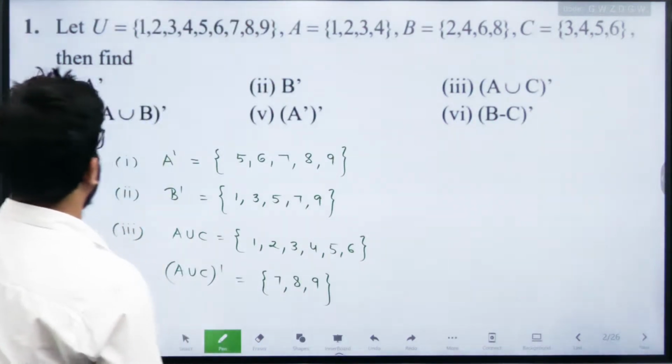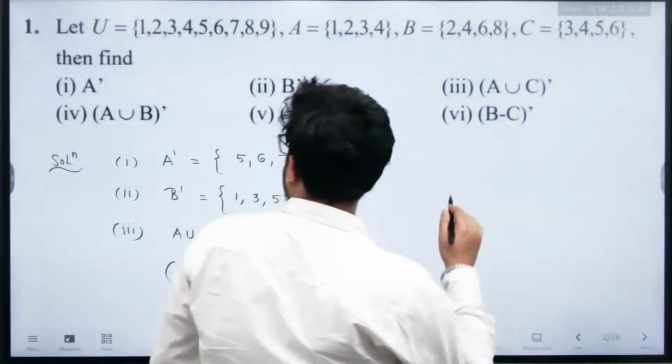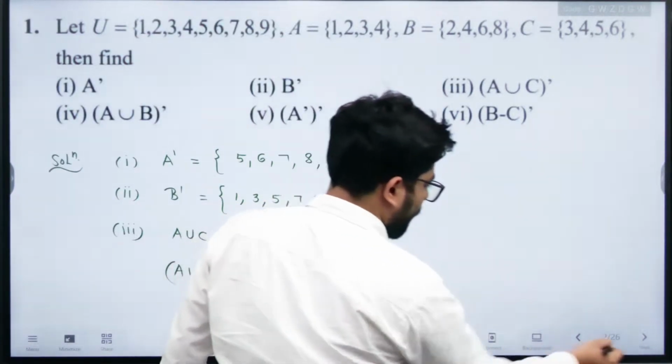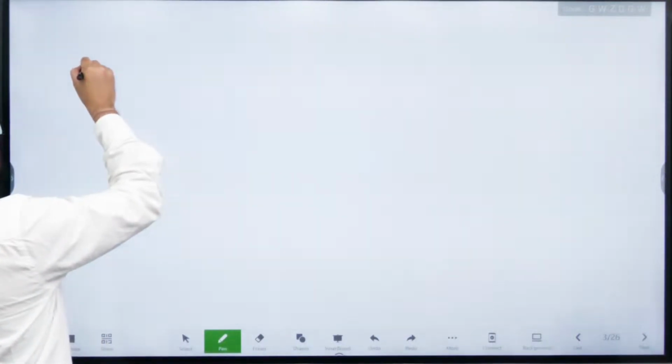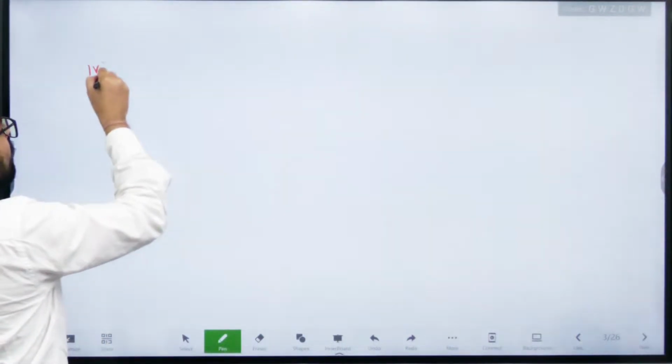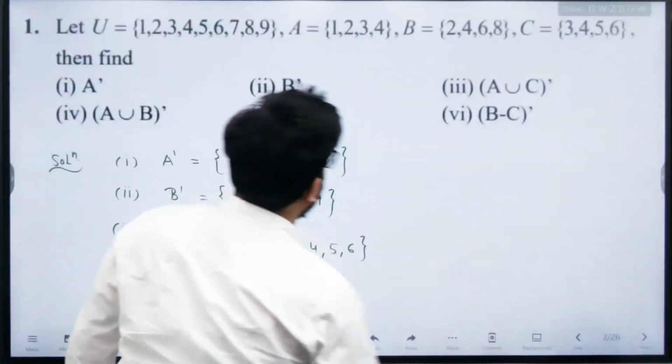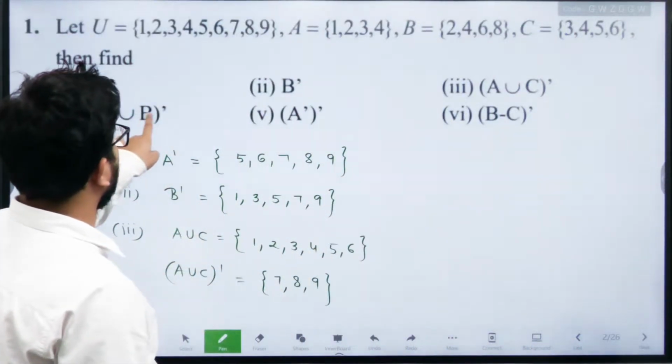Got it? Now for part number 4, you have to calculate A union B whole complement.